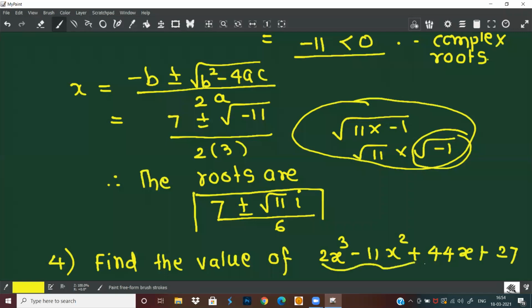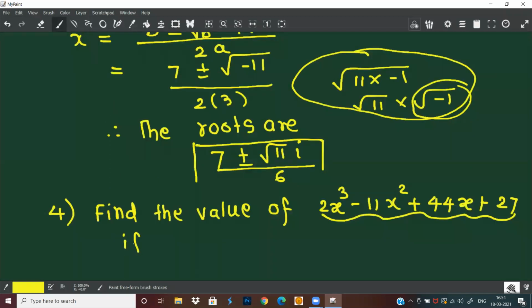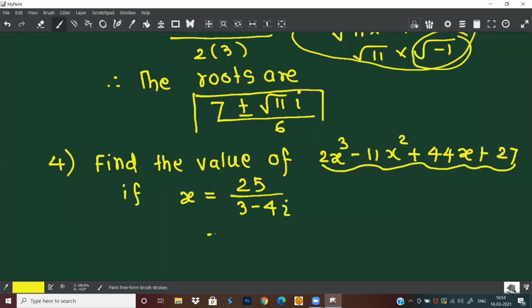You have to get the value of this. If the value of x is given to you as 25 upon 3 minus 4i. First of all, an imaginary number in the denominator is not allowed. What you do is you multiply numerator and denominator by the conjugate of the denominator.